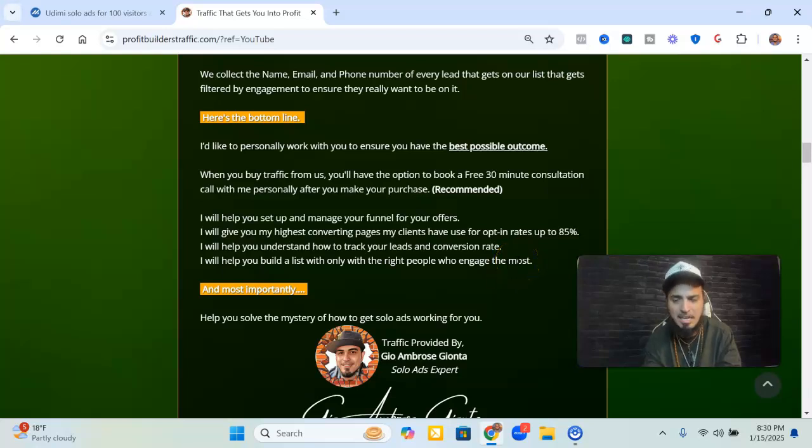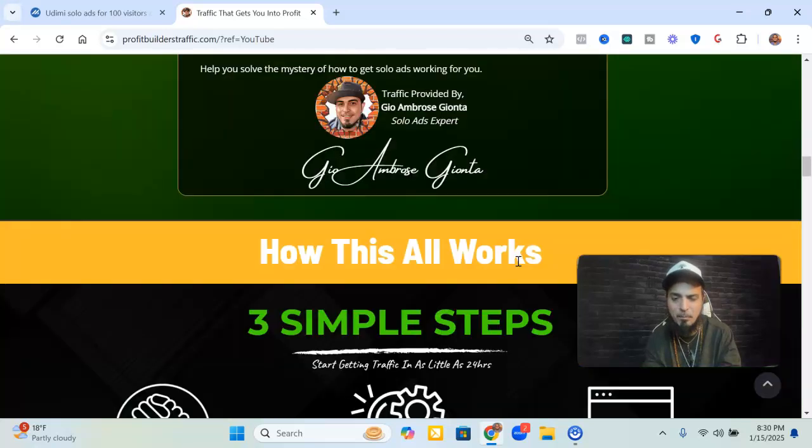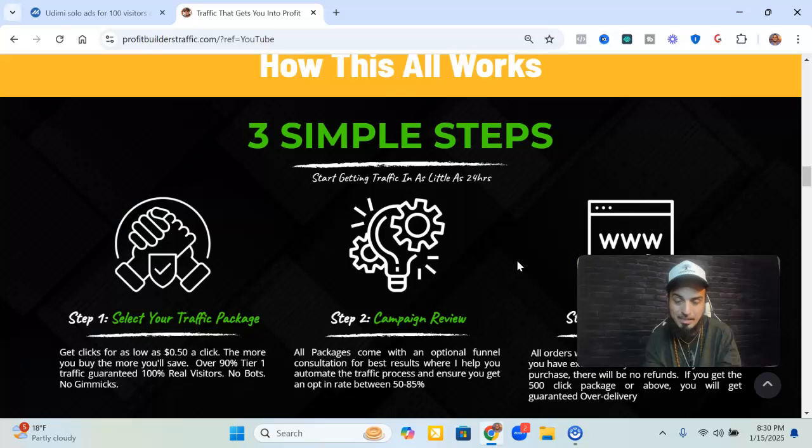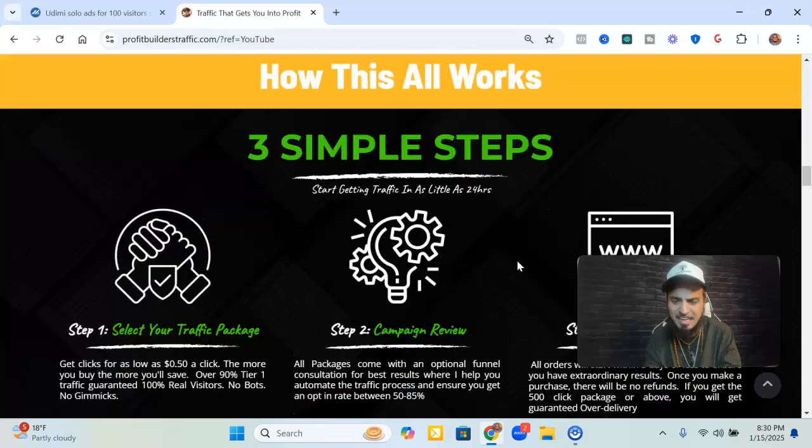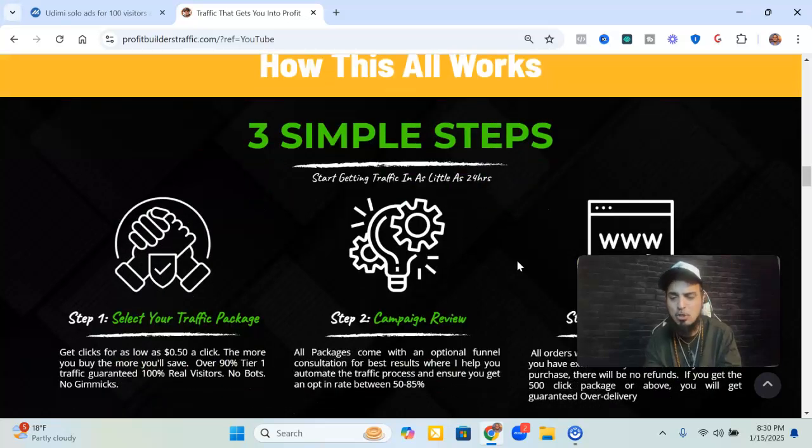So your list is highly engaged, your emails will end up in the inbox, and people actually respond to you, right? That's the key whenever you're getting traffic. So when you're buying paid traffic, just keep in mind that it is a sifting and sorting through the most engaged people, right?